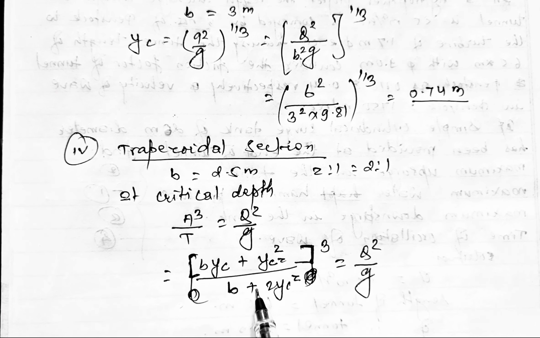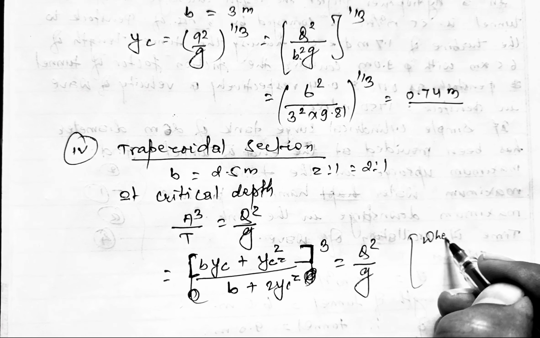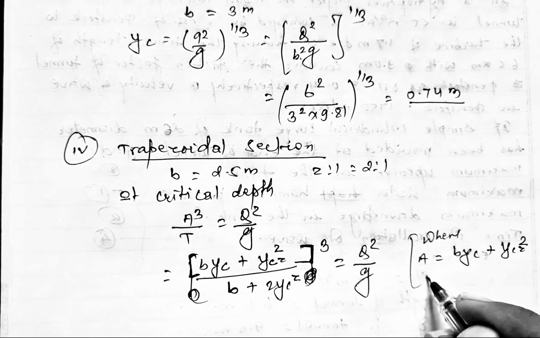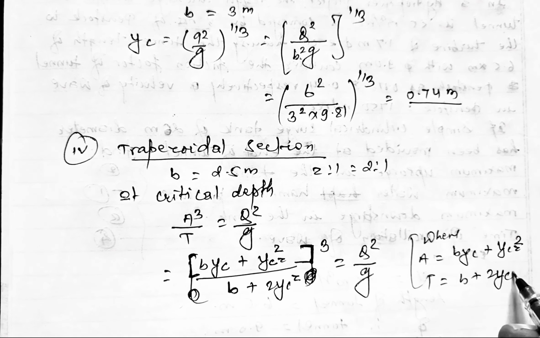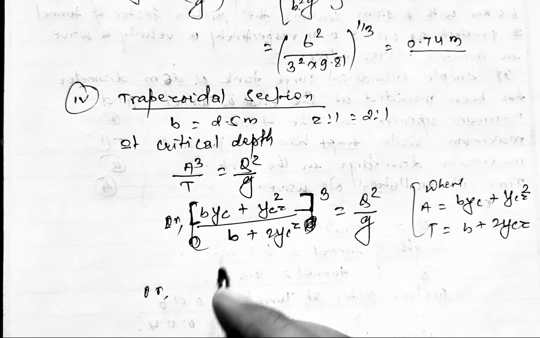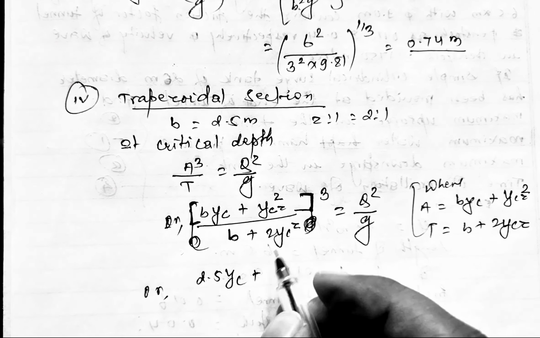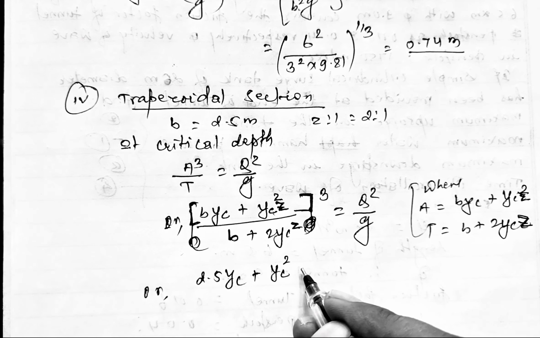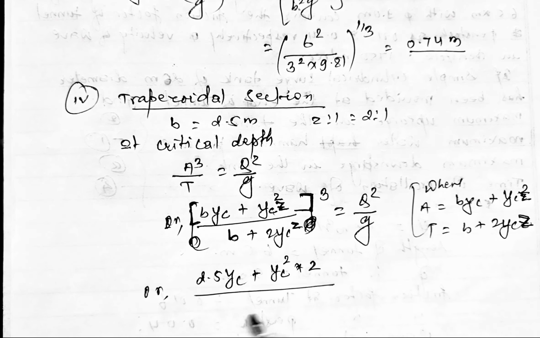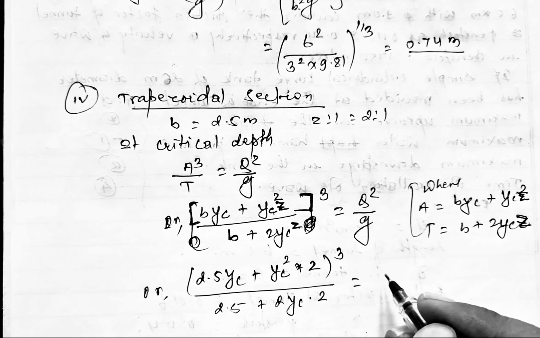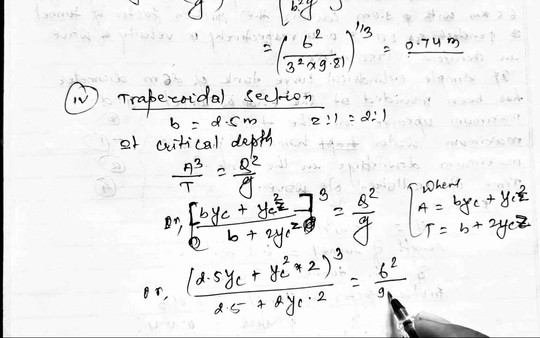The T is given as B plus 2 yc Z, where A equals B yc plus yc Z square and T equals B plus 2 yc Z. Placing the values, the value of B is 2.5, yc plus yc, and Z is given as 2, divided by 2.5 plus twice of yc times 2, equals Q means 6 and g means 9.81.